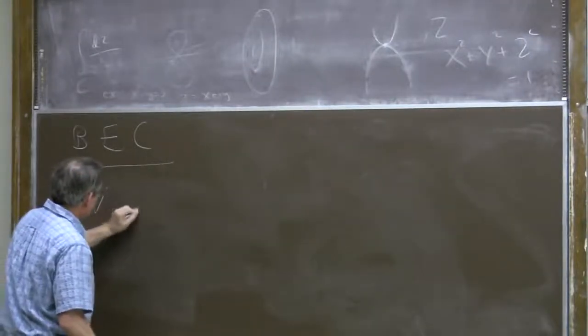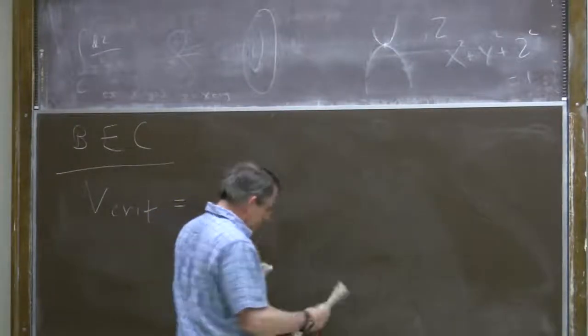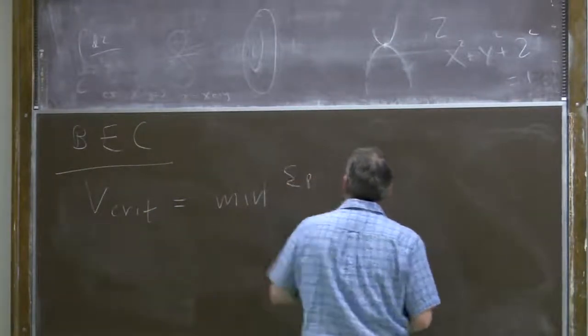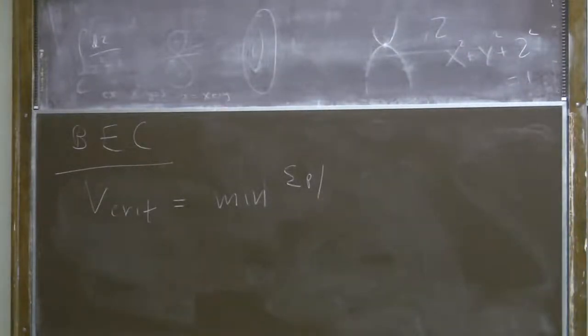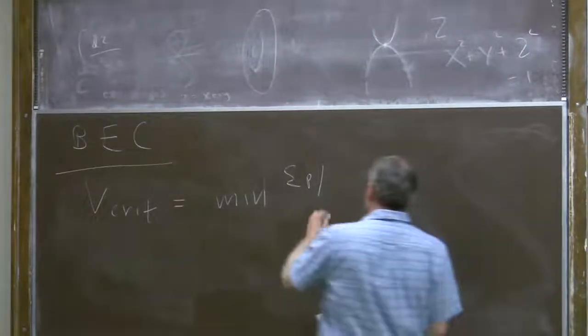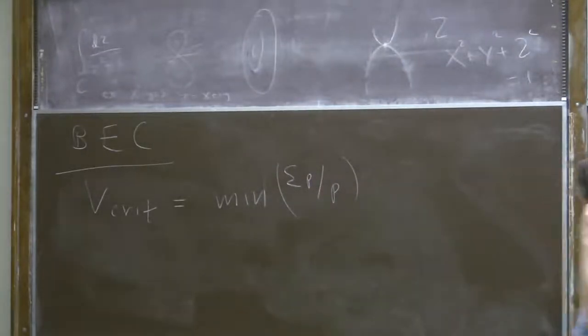The critical velocity will be the minimum value of the energy of, well, whatever elementary excitation is being excited by collisions with the projectile, the energy of that excitation divided by its momentum.